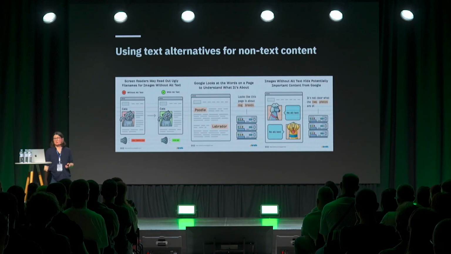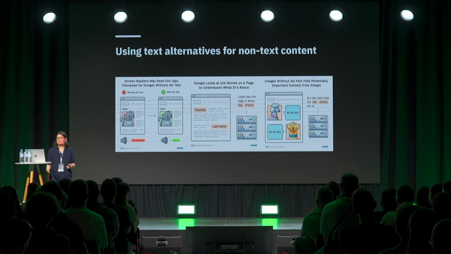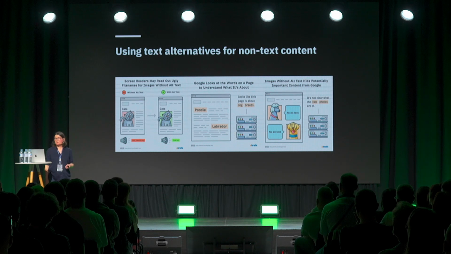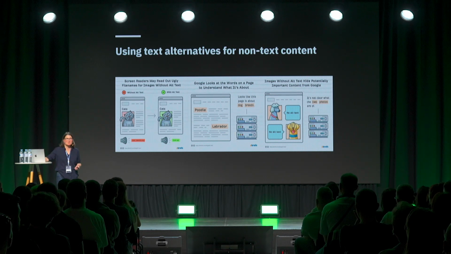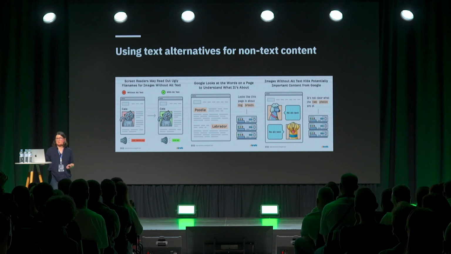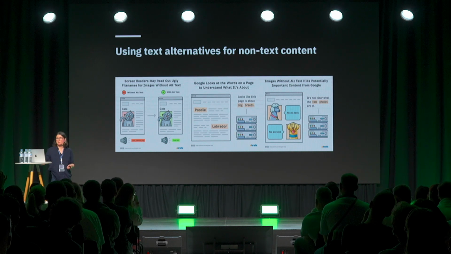Another example is providing detailed text alternatives for non-text content such as images. Alt text, or alternative text, has been around since the early days of the internet, and it's crucial to use. Alt text provides a textual description of images for the content and the context of the images.